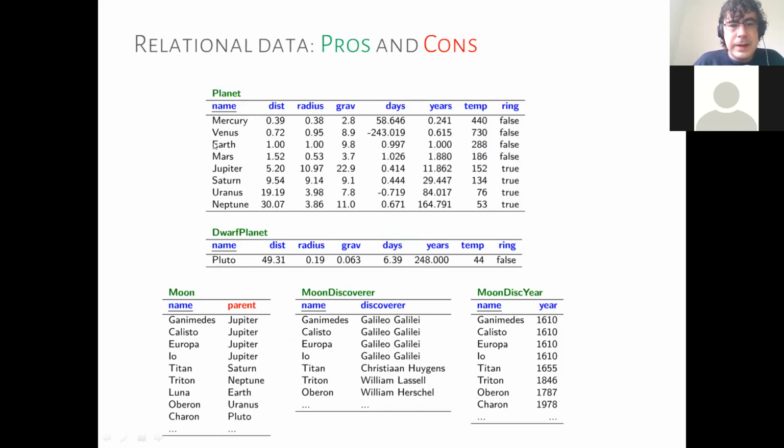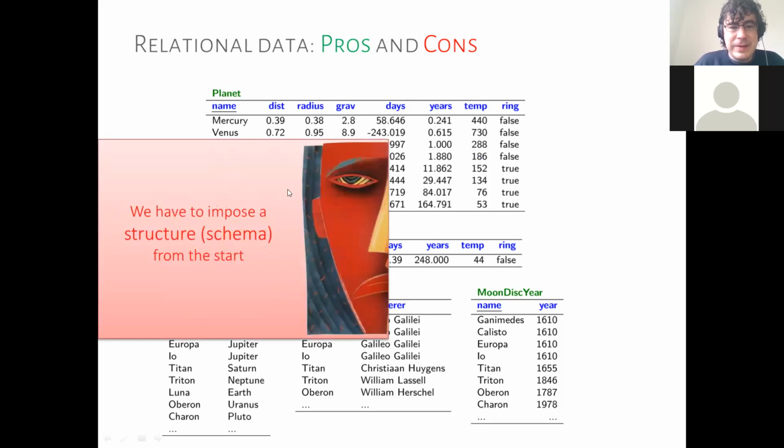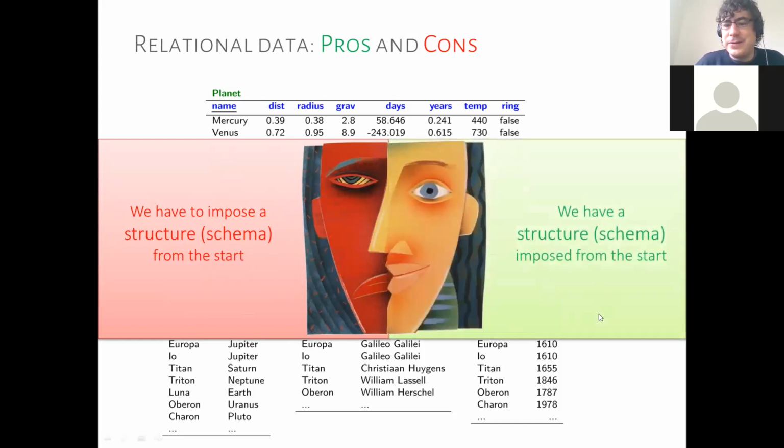So comparing relational data to graphs, some pros and cons: relational databases are still useful. It's not that we should always use graphs. In the case of relational data, the disadvantage is that we have to impose a structure or schema from the start. And the benefit is that our data have to follow that structure or schema, which means that we have more structure in our data, right?